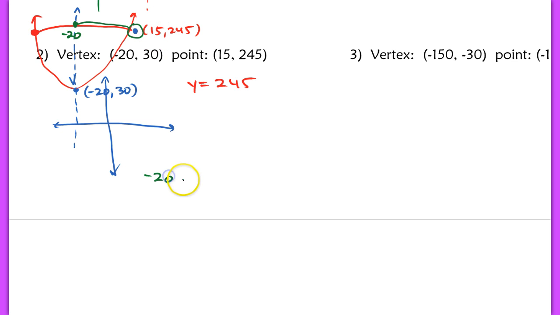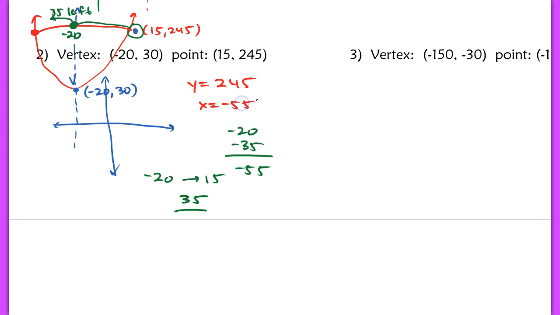To get from -20 all the way to 15, that's a total change of 35 units. So from this coordinate here, we want to go 35 points to the left. If I go 35 to the left, I'm taking -20 and subtracting 35 to get -55. So that x value is at -55, and I have the coordinate (-55, 245).